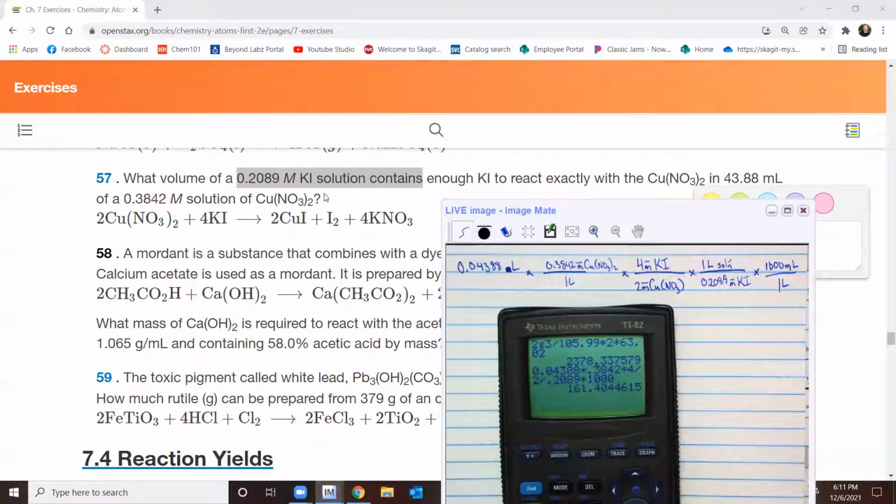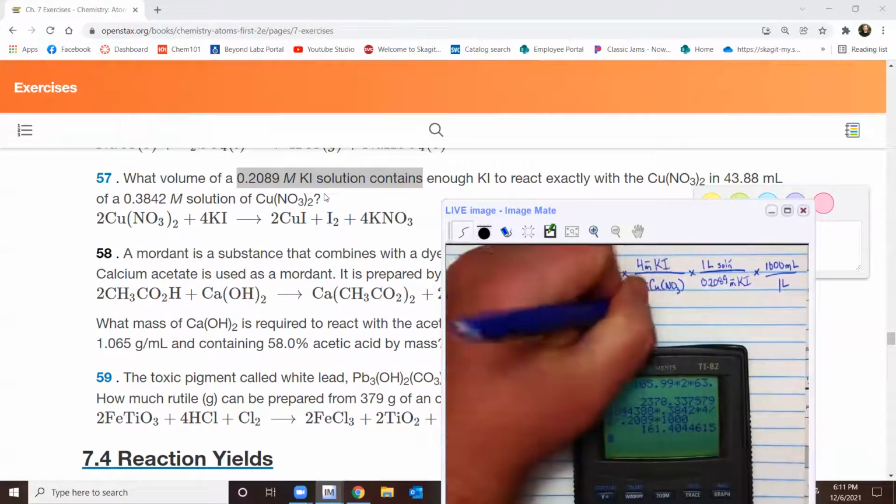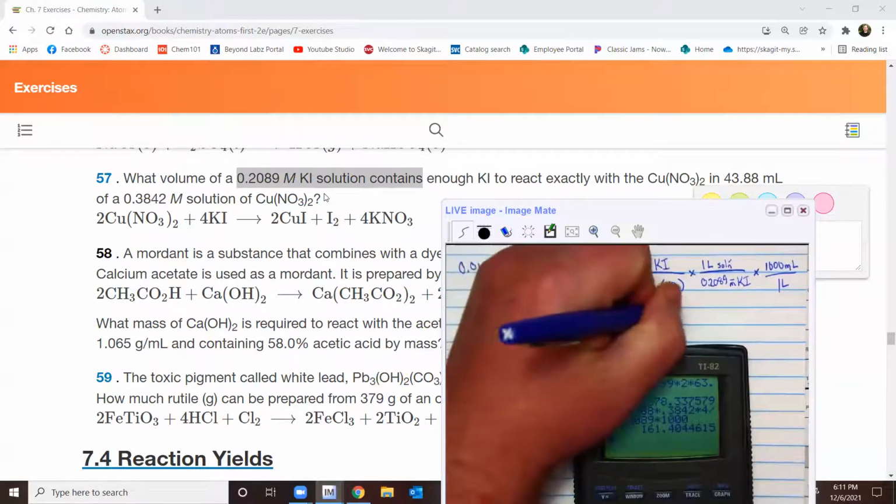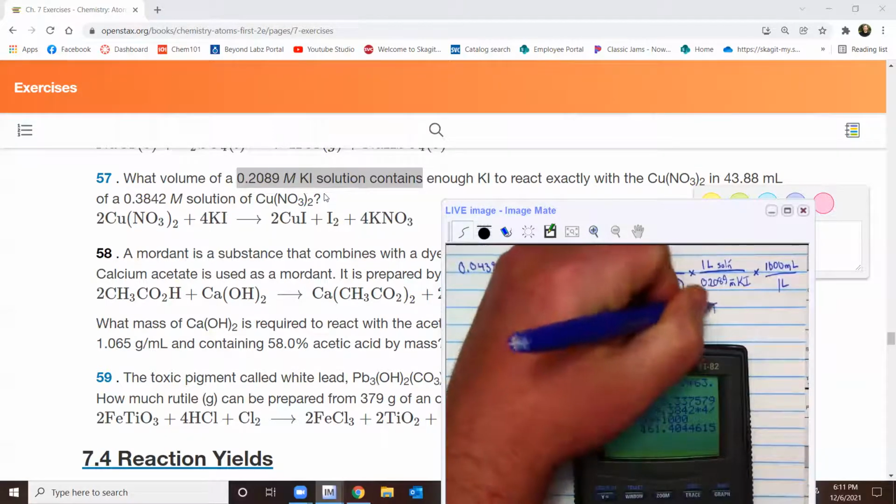So to 4 significant figures, I'm calculating 161.4 milliliters of KI solution.